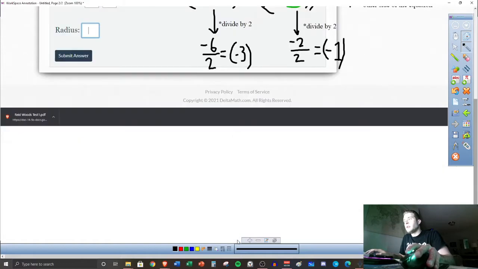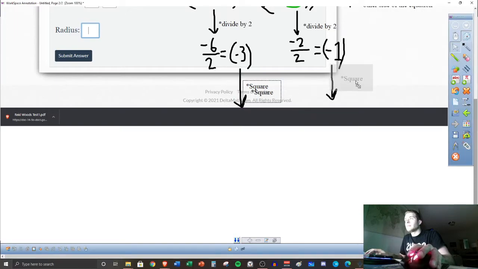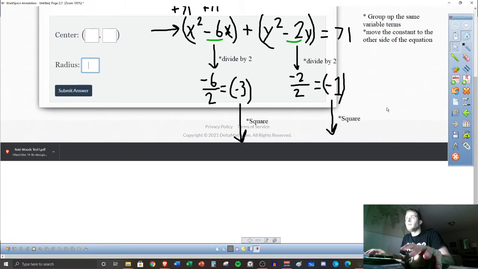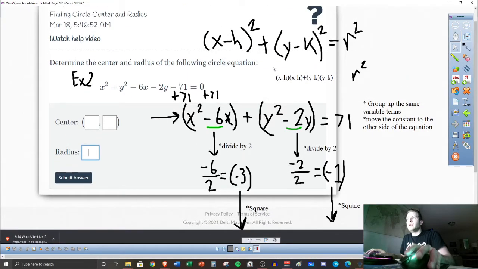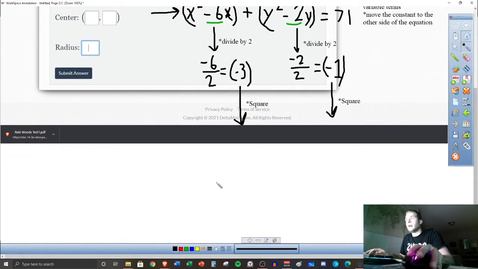The next thing we're going to do is we're going to take that and we are going to square it. The reason we're going to end up doing this is because we must make sure that that value gets squared in our equation. That's sort of the reason. Again, if you're not really following along with why I'm doing that, it's okay.